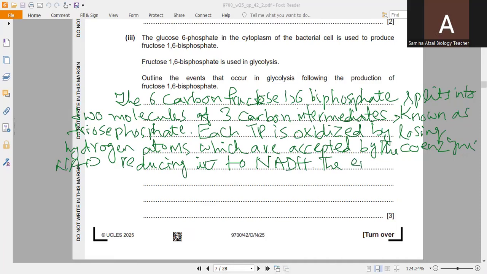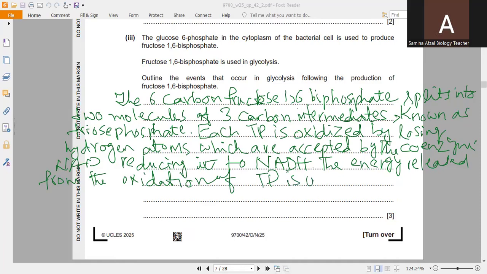The energy released from the oxidation of triose phosphate is used to synthesize ATP.